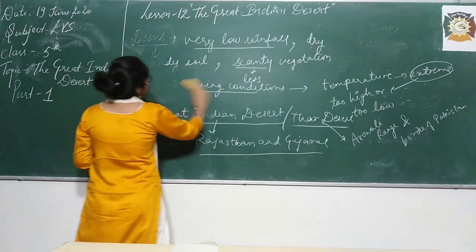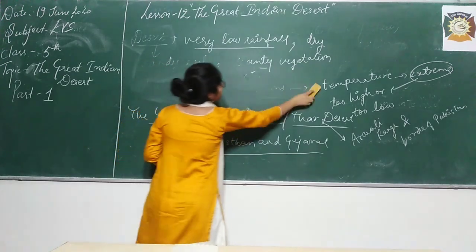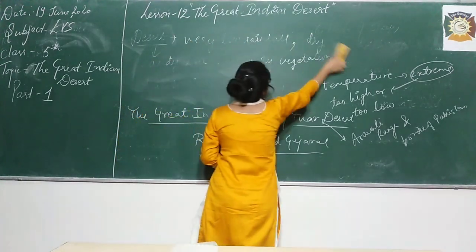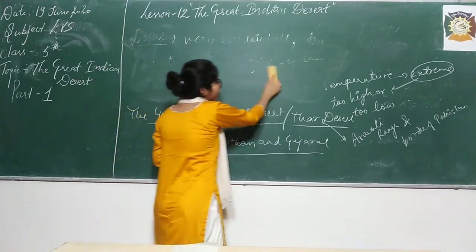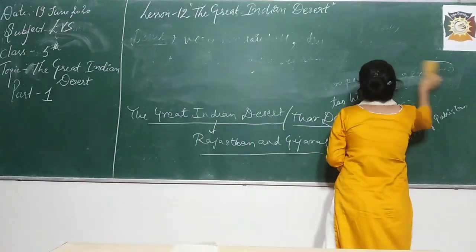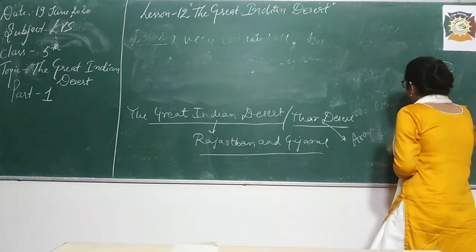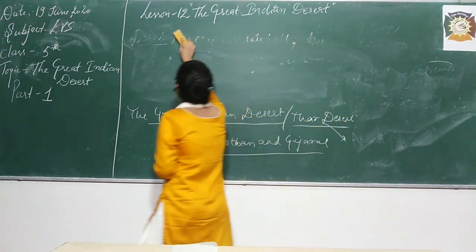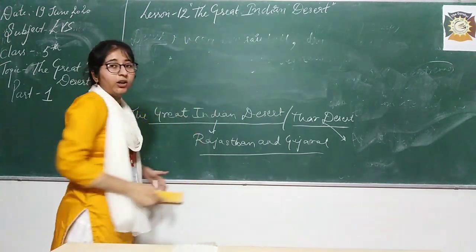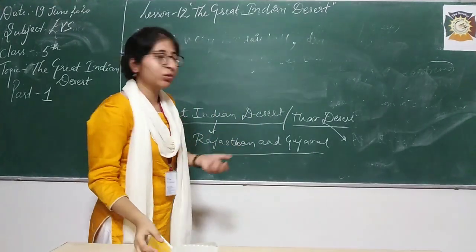Now we are going to study some important features of this Thar Desert, or we can say the physical features. The first topic of our chapter is physical features of this Thar Desert: what kind of climatic conditions are there, what kind of soil is there, what kind of crops we grow there, and many more things.